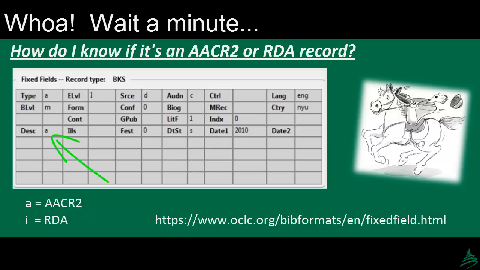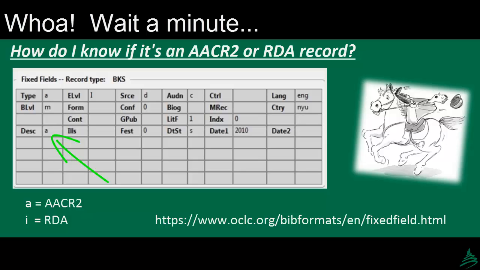If you see an A in that field, that means it was originally an AACR2 record and maybe somebody edited it to make it RDA. If you see that the body of the record looks like an RDA record, but you've got an A up there, go ahead and change it to I. Or if you see an I on there and somebody's edited the record back to AACR2, then change it to A.